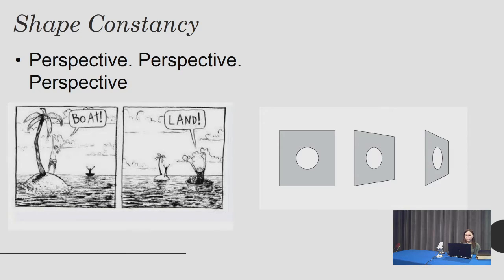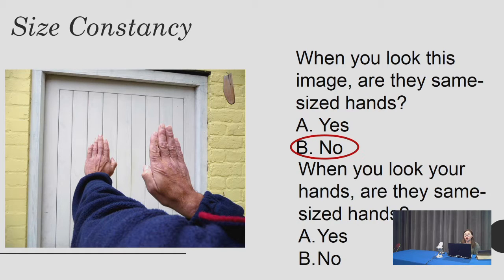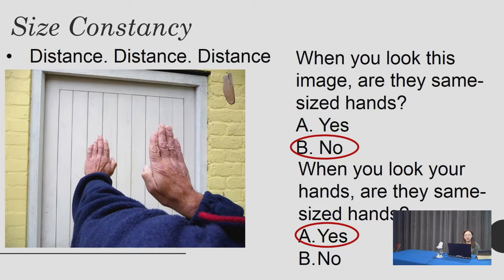Okay, now let's move on to size constancy. When you look at this image, are they same-size hands to you? Probably not. When you look at your own hands, are they same-size hands to you? I will say yes. The reason why is the distance.